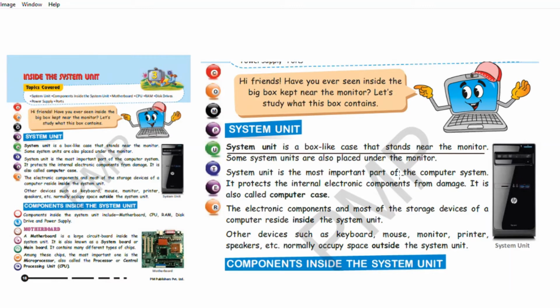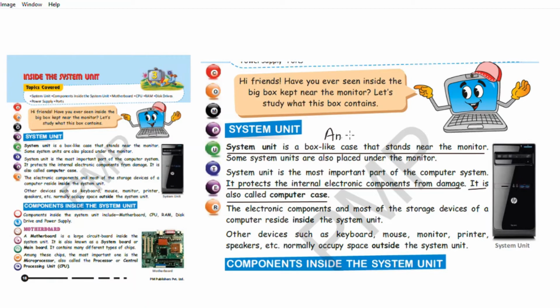Continue the answer and underline this sentence. It protects the internal electronic components from damage. It is also called computer case. So this is your answer 1.